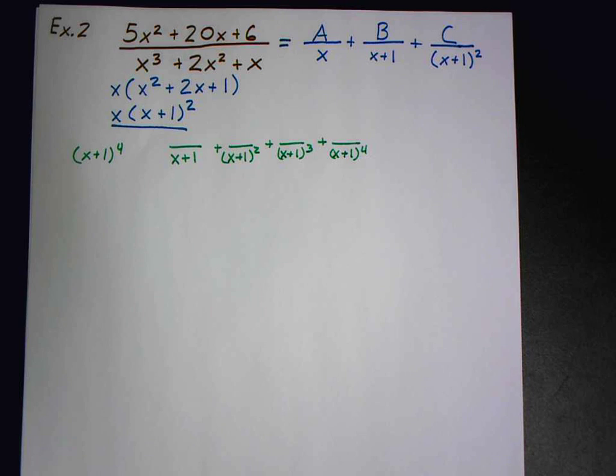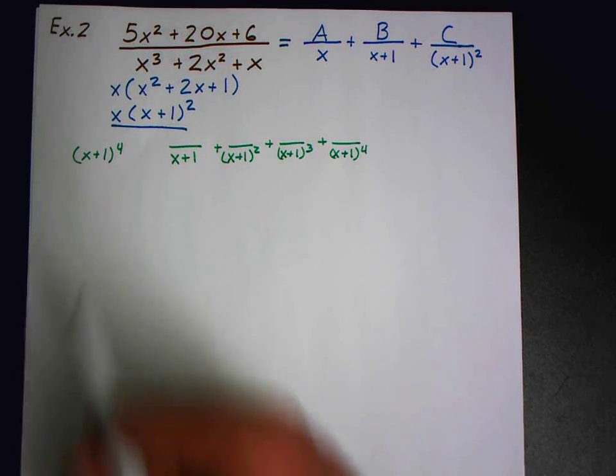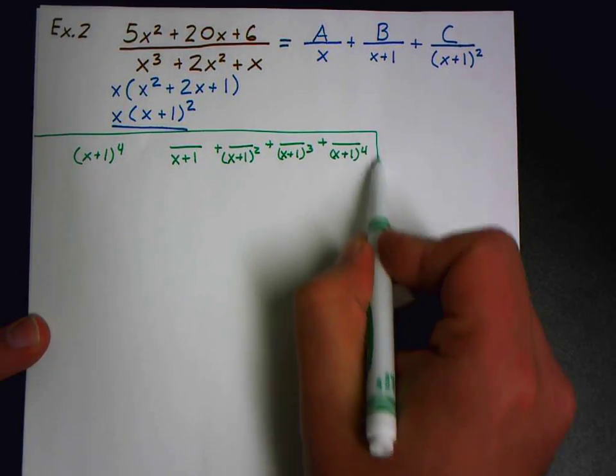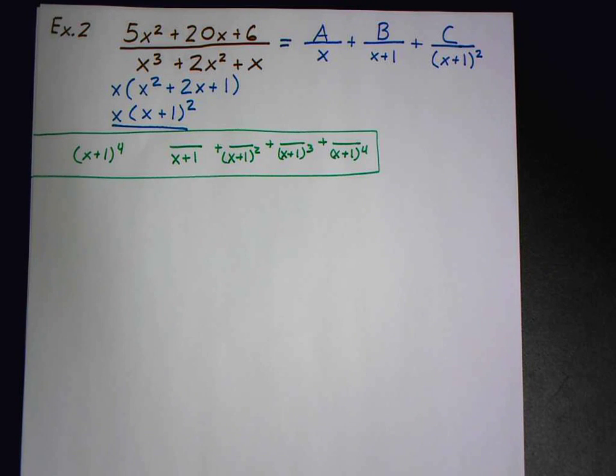Anytime you have something to a power, you have to write down all the lower powers of it. So if you have something that happens more than once, you have to write it as a power. So that doesn't have anything to do with our problem. Okay, so now we need to solve this.